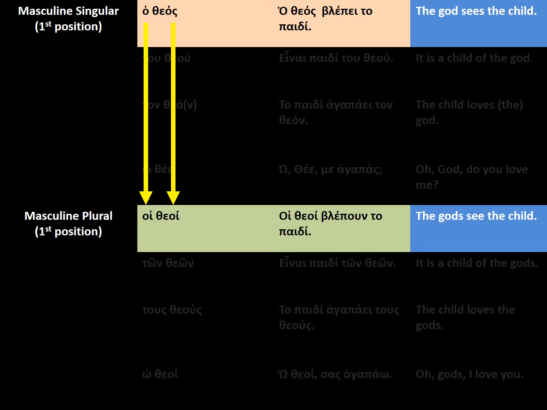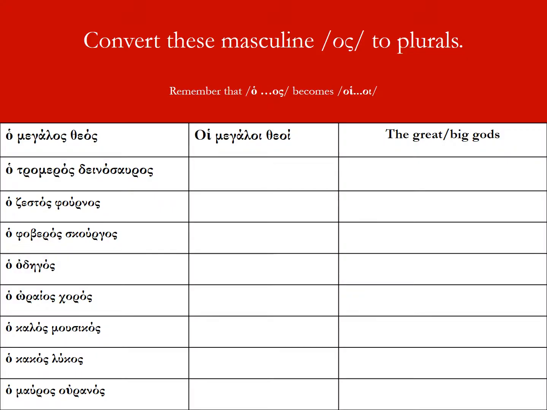Let's take a look at a few examples more, and I'm not going to do them all. I'd recommend trying to complete these tables for homework, and you can certainly contact me with any questions. So we're going to try and convert these masculine os nouns, that is, nouns that end in os that are masculine, to e.